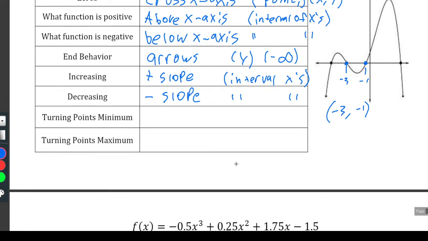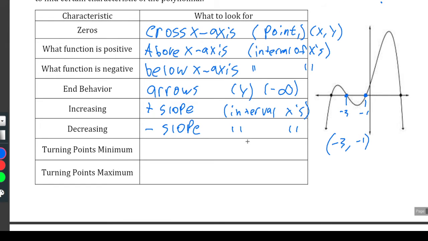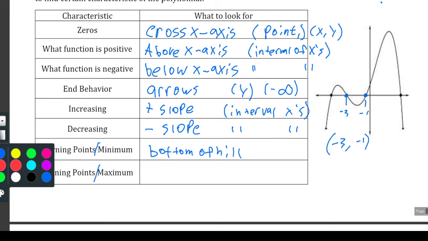So turning points are minimum and maximum. For minimum, we're looking for the bottom of a hill. Meaning this right here would be the bottom of a hill where two lines come together.